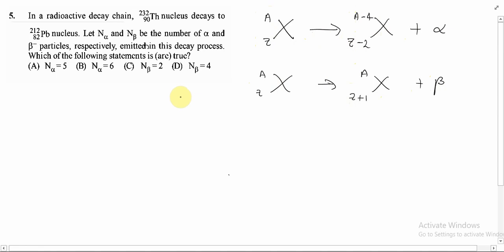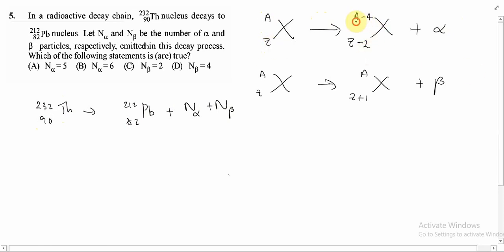So in our case, thorium-232 (90) gets changed to lead-212 (82) plus some number of alpha particles plus some number of beta particles. In the case of alpha particles, there is a change in mass number as well as in atomic number.